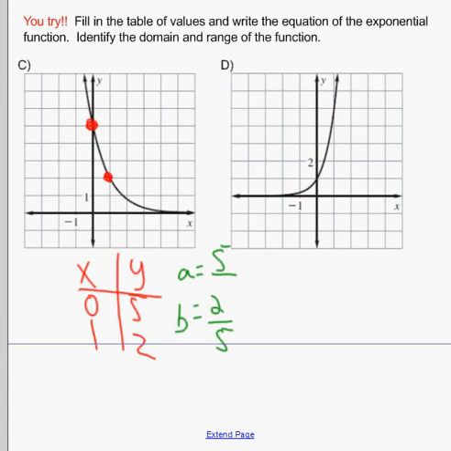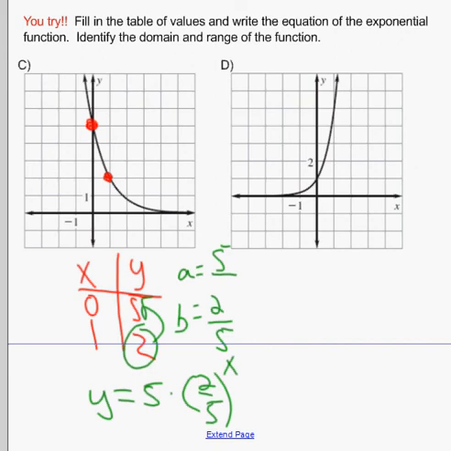Another way of looking at it, Ms. Chang went over this before, is I can start at 2 and divide by the previous number. The previous number in this case is 5, so it's just going to be 2 over 5. We do not want a decimal. Please make sure to leave it as a fraction. Okay? I have my B value, I have my A value, and I'm ready to write my function. So my function here would be y equals 5 times 2 over 5 raised to the x.